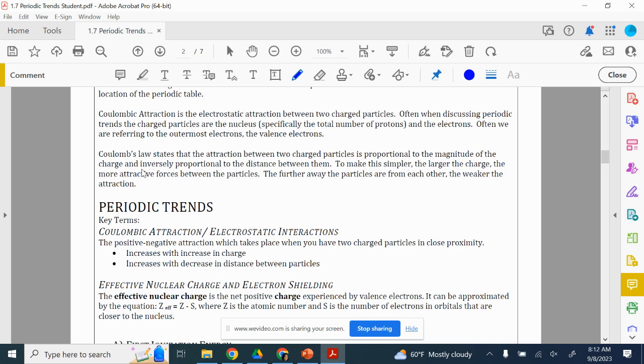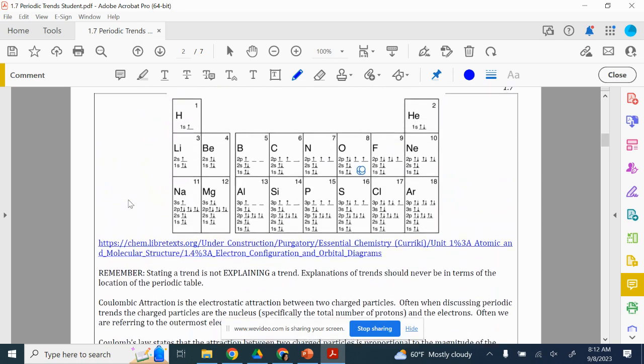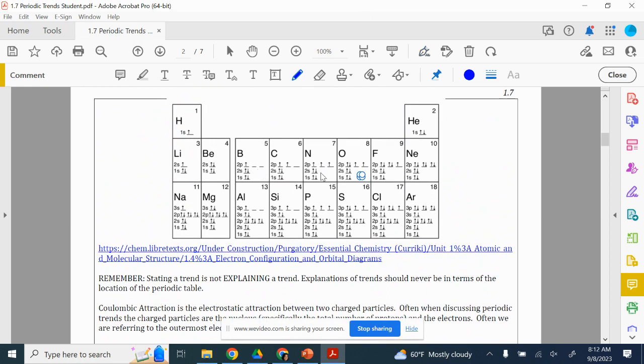So the more protons you get, the more force it's going to be pulling. As we move across in the same row, it's going to get more and more pull on the electrons because you're adding more protons in.